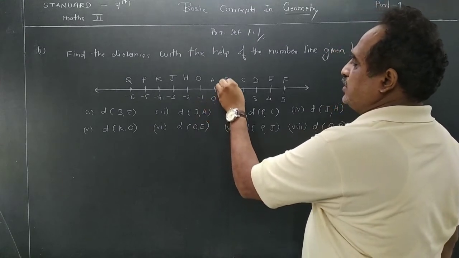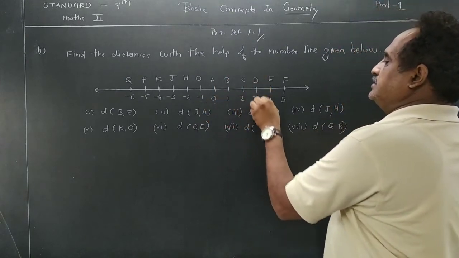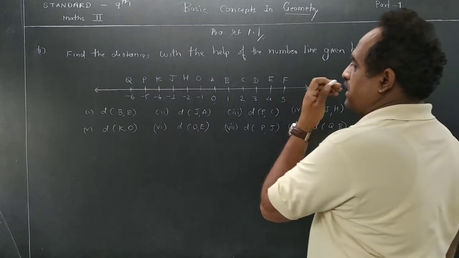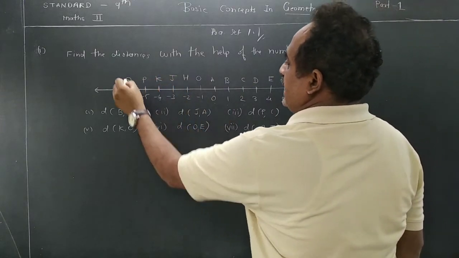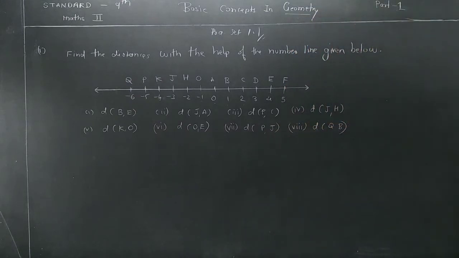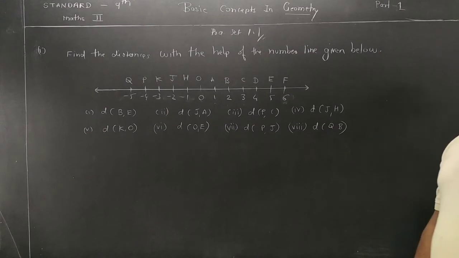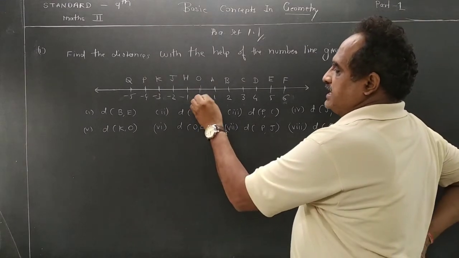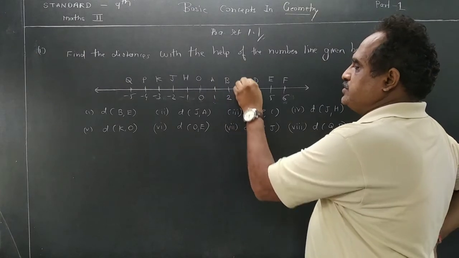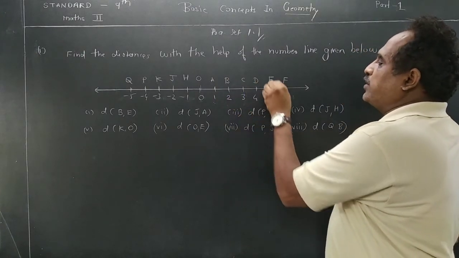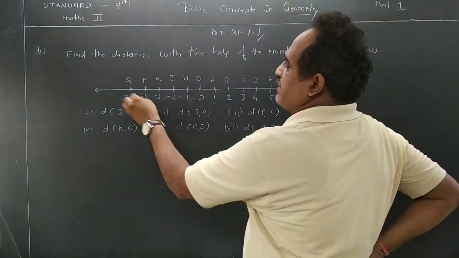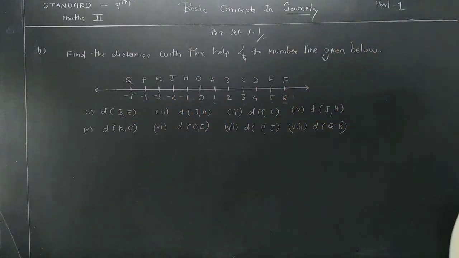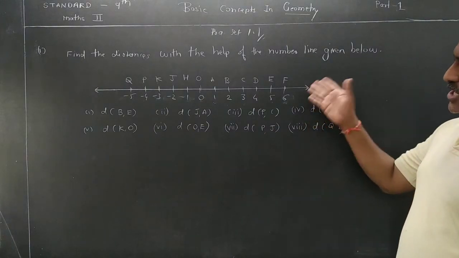Coordinate of O is 0, A is 1, B is 2, C is 3, D is 4, E is 5, F is 6. On the other side -1, -2, -3, -4. We have drawn that a little wrong, so I will change the diagram.